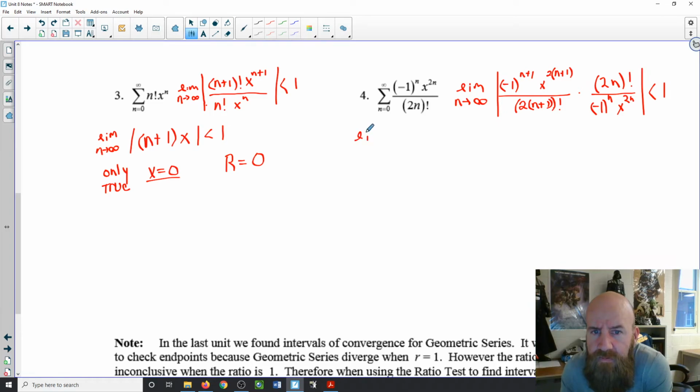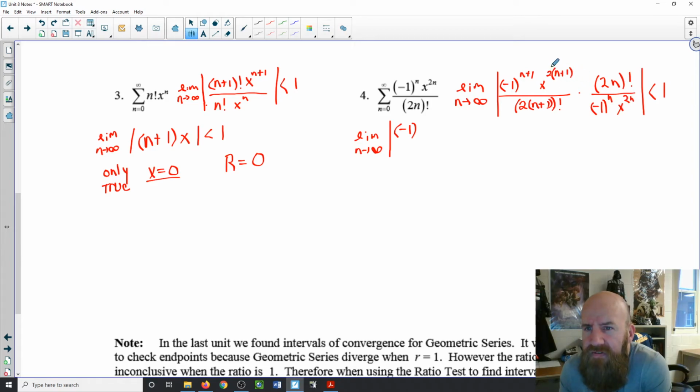We have this. I'm still going to have a limit, just because of what's going to happen. In base -1s, we're going to be left with a -1 on top. We have base x's.